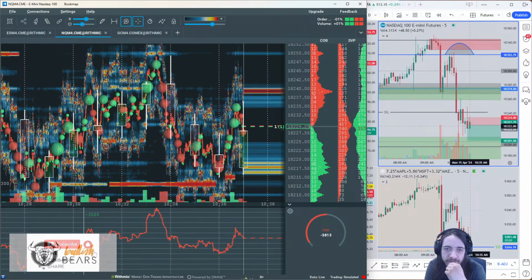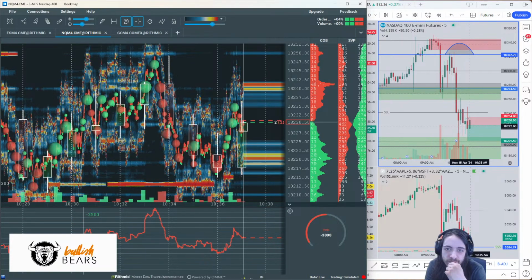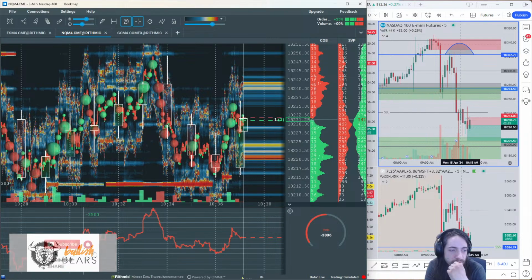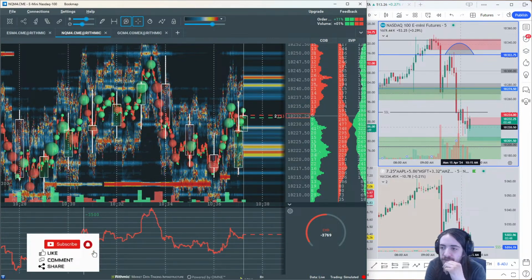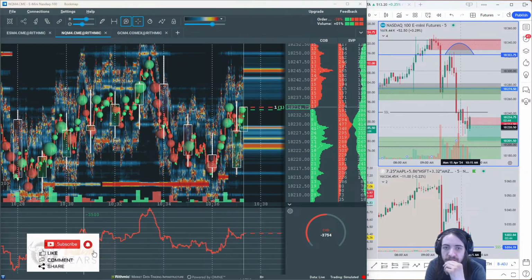Staying patient. Making these higher lows on the 1 minute, though. Might reverse this.